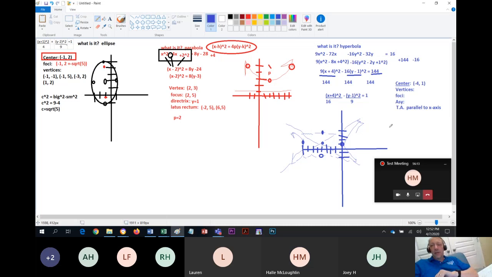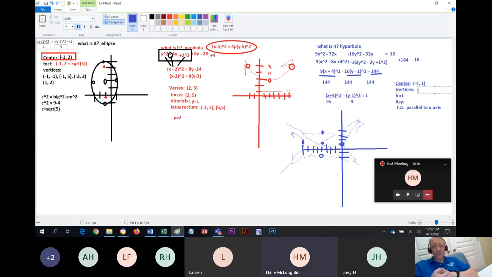Now we can see where our vertices are. So where are the vertices? -8, 1, and 0, 1.